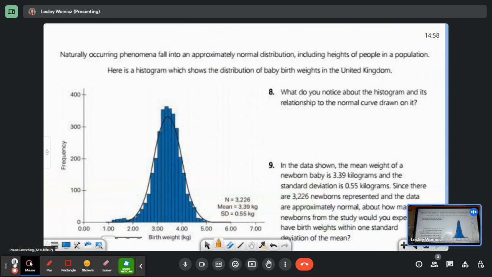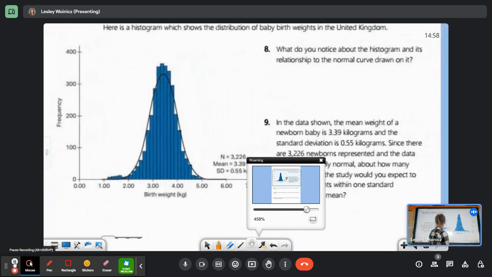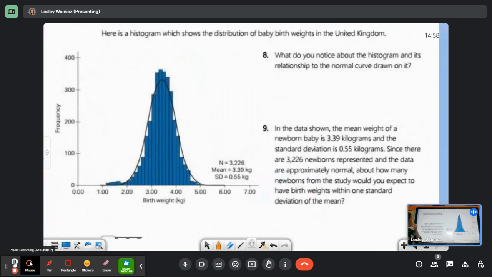Naturally occurring phenomena fall into an approximately normal distribution, including heights of people in a population. Here is a histogram which shows the distribution of baby birth weights in the United Kingdom. Okay, so here I have birth weights in the UK. What do we notice about the histogram and its relationship to the normal curve drawn on it? It is incredibly close, but is it perfect? No, sometimes it's above and sometimes it's below, but it is approximately normal.